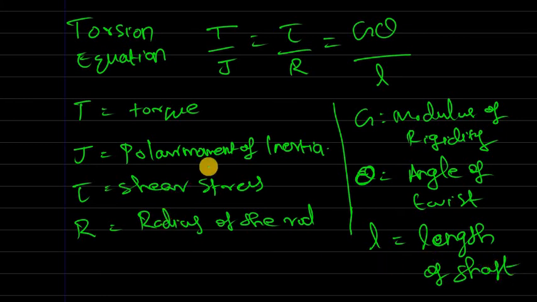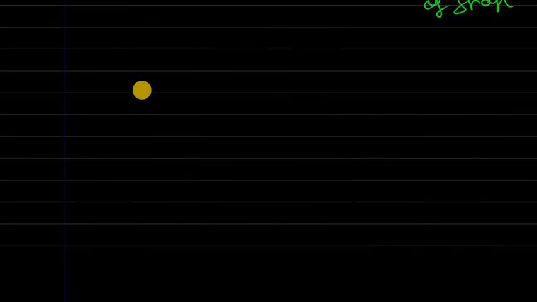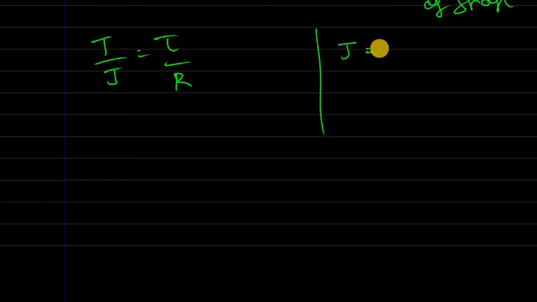So by using the torsion equation, the first part of this equation, we will derive an equation for torsional shear stress. So we have the equation T by J is equal to tau by R. In this equation, J is the polar moment of inertia, and its equation comes like pi d raised to 4 by 32. In the case of circular cross section, the polar moment of inertia equation comes like this.